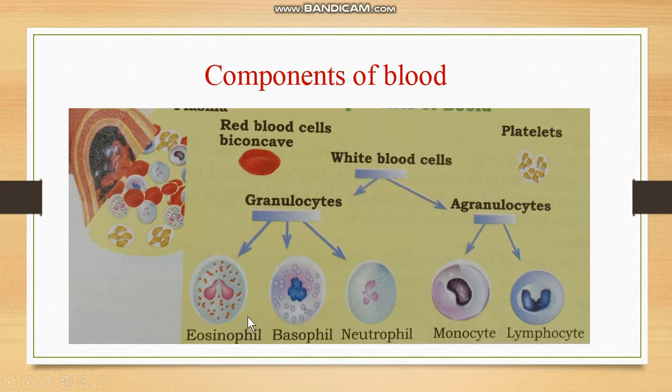Granulocytes are further divided into three types, which is eosinophil, basophil and neutrophil. Granulocytes have granules in their structure, you can see here, while the agranulocytes don't have any granules in their structure.